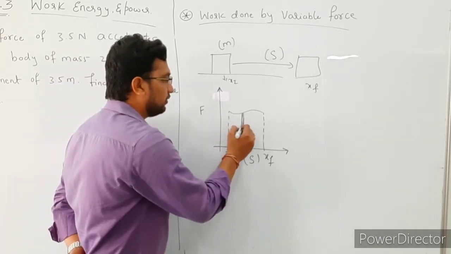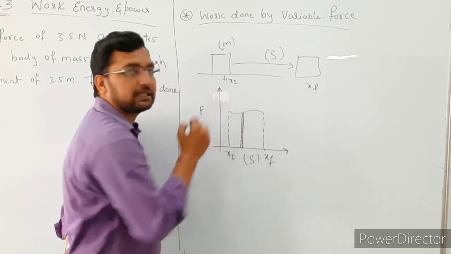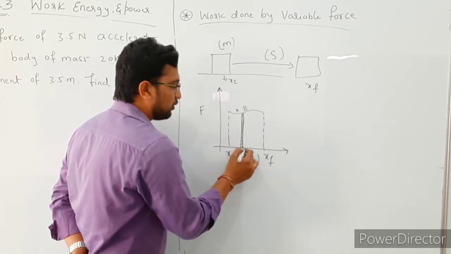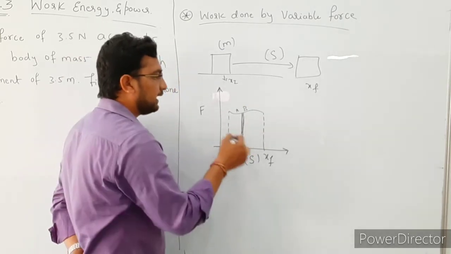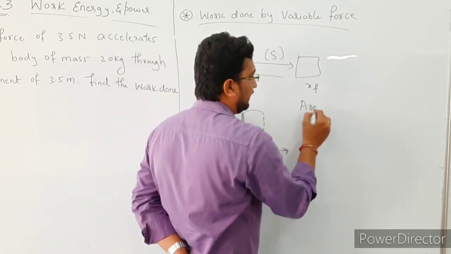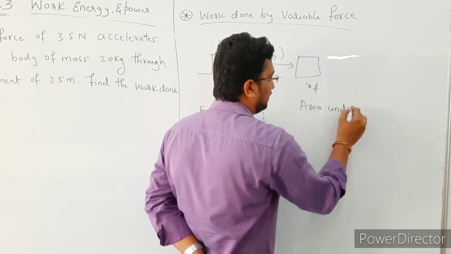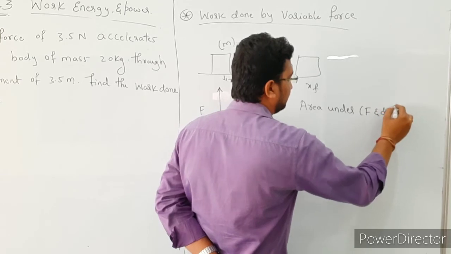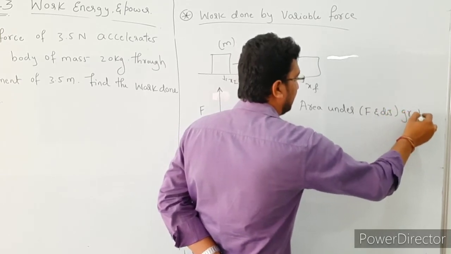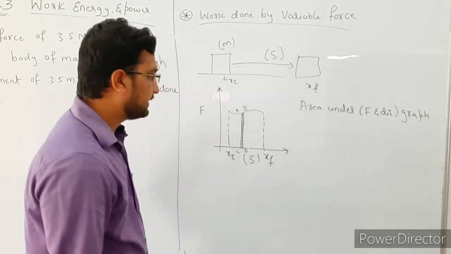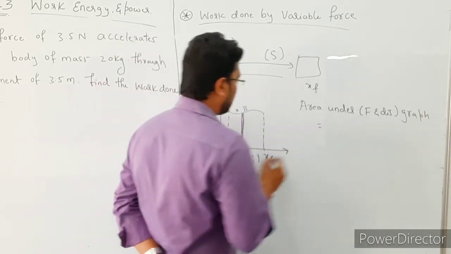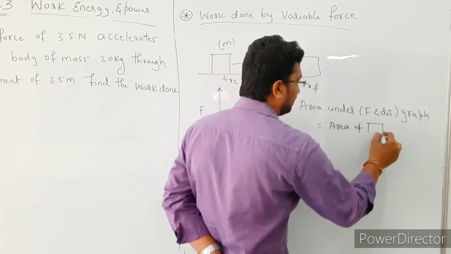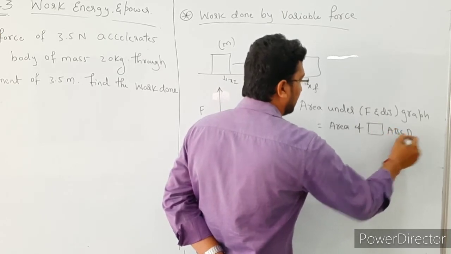Now we are going to find the area under this graph. For example, this point is A, this is B, this is C and this is D. The area under the force and displacement graph looks like a rectangle, ABCD.